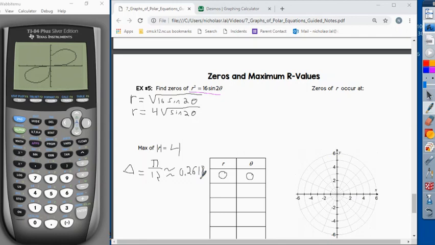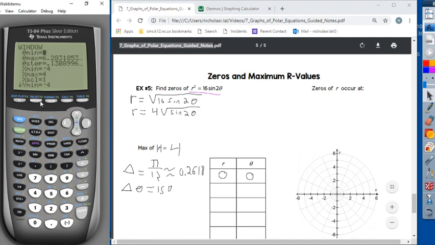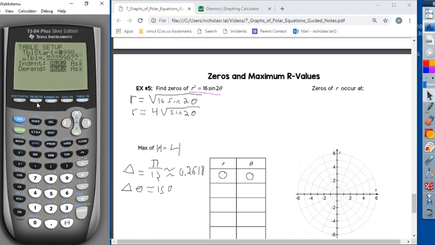And the change in degrees is going to be about 15. So let's look at these values. We go to table set. So our delta table is going to be about pi over 12.